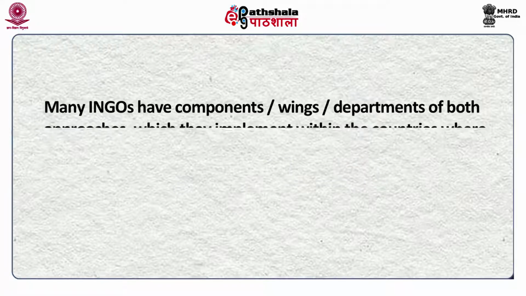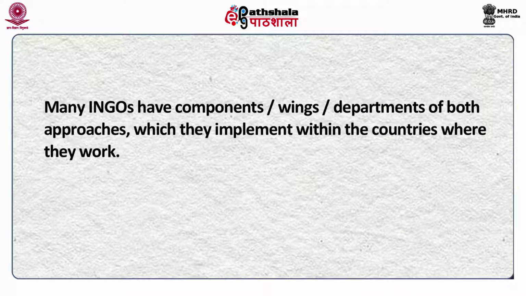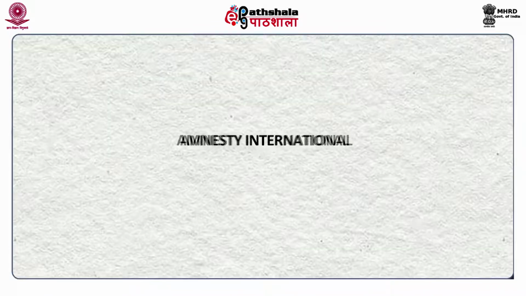Many NGOs have components or wings or departments of both approaches which they implement within the countries where they work. Now, let us discuss the work of Amnesty International, which is an INGO which you must have definitely heard of.